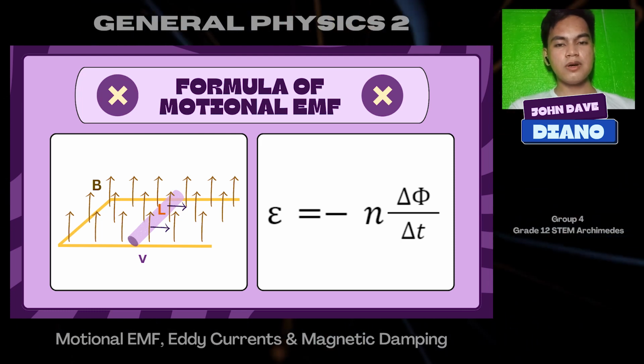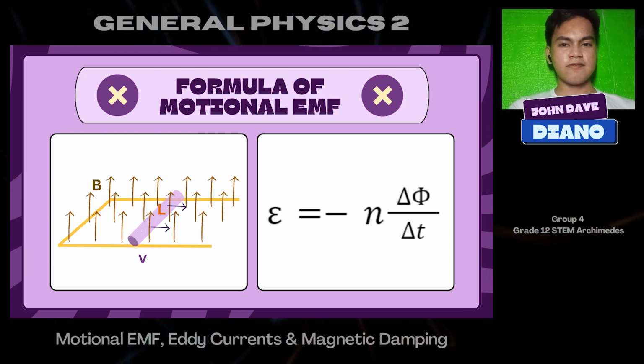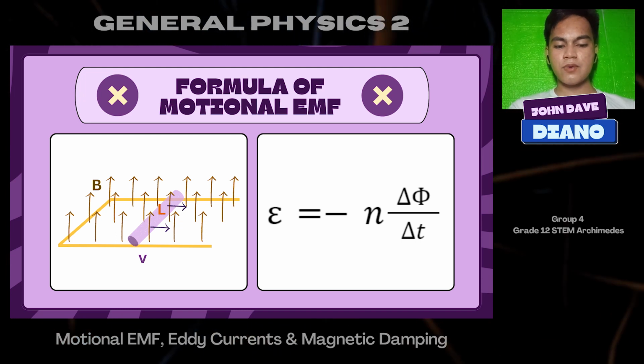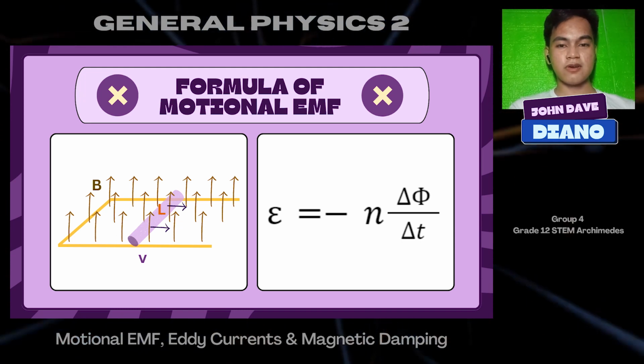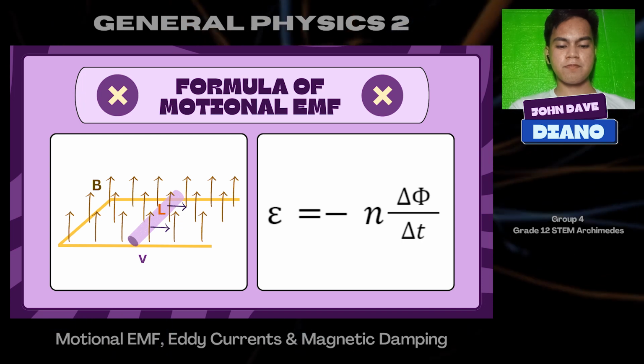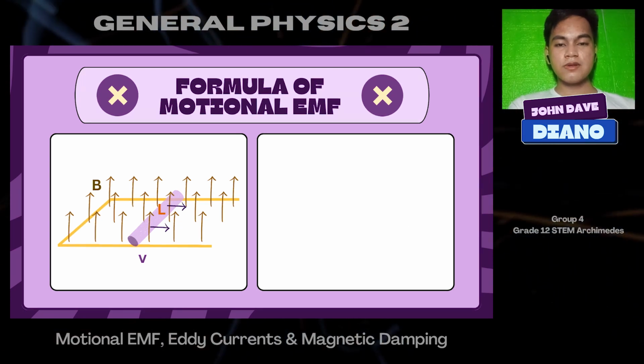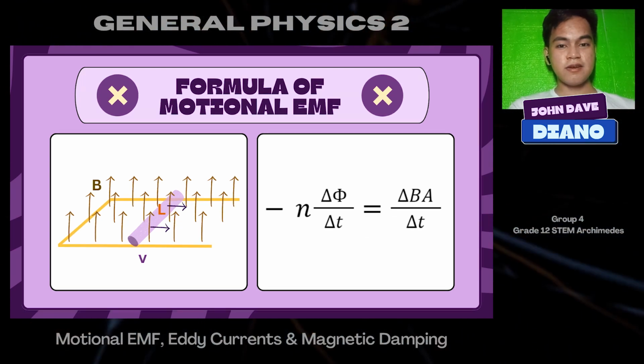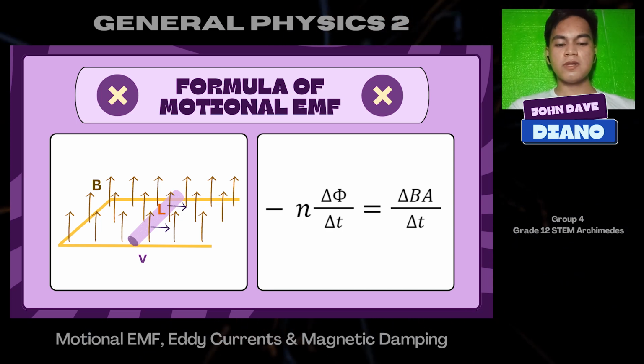But in terms of motional EMF, what is our change in magnetic flux going to look like? It is going to look like this. Negative N, we are going to disregard that one, we will just focus on the change in magnetic flux over change in time.